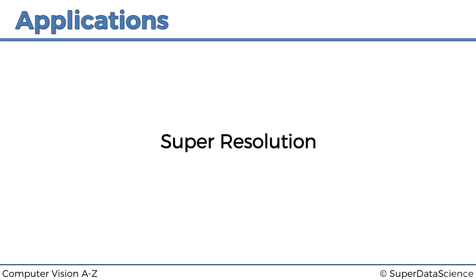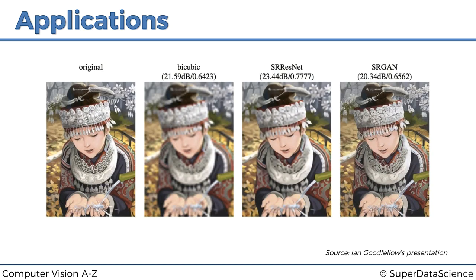So this next one is super resolution. Here's an example from Ian Goodfellow's presentation where they had an original image which looked like that. Then they reduced the resolution, so made it more grainy and less detailed. And then they applied different algorithms to increase the resolution back.